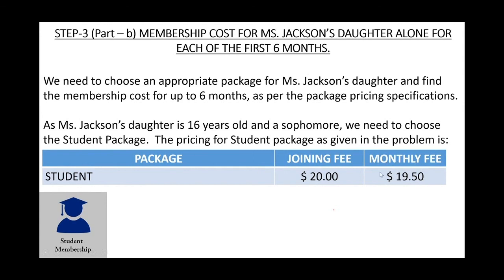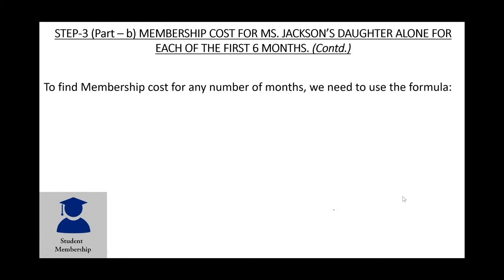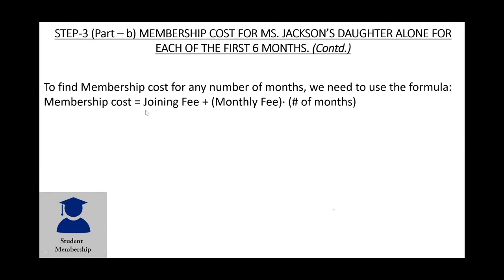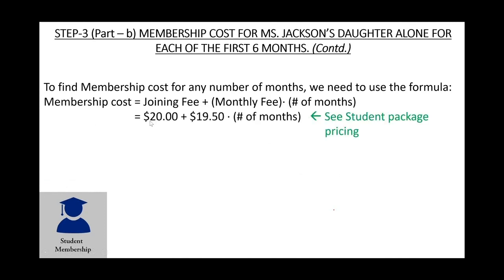So we need to multiply this by the number of months, because we'll be paying as many $19.50 as the number of months. So it's going to look like this. Membership cost is joining fee plus monthly fee times number of months. So it is $20 for the student package plus $19.50 monthly fee for the student package times number of months.